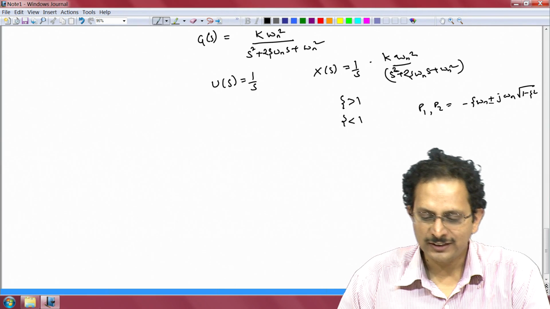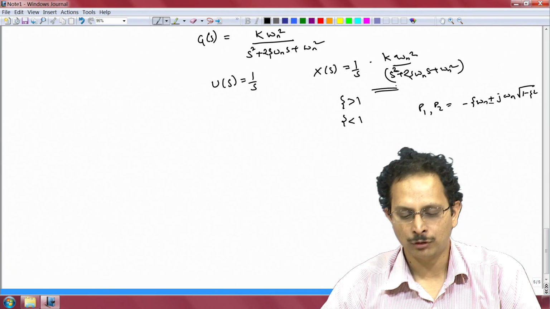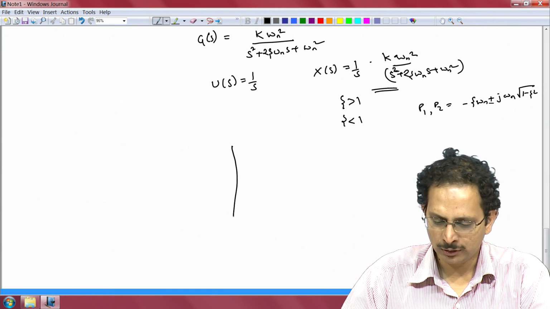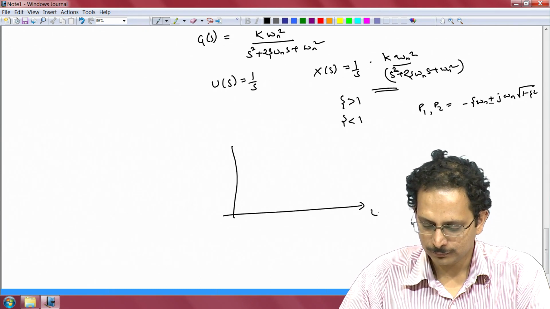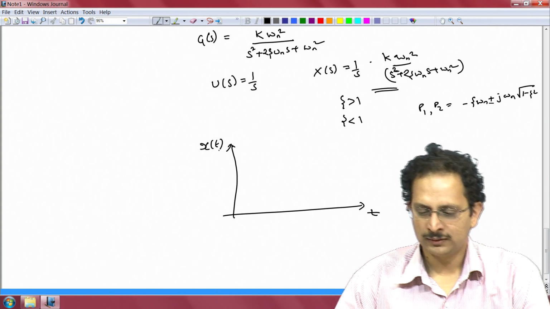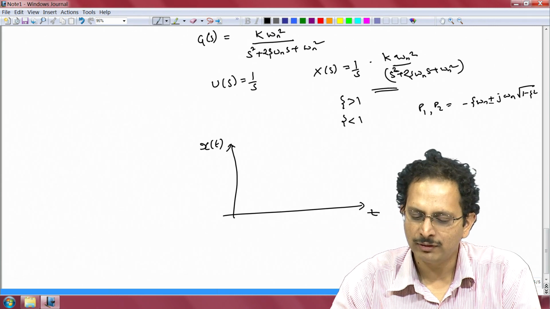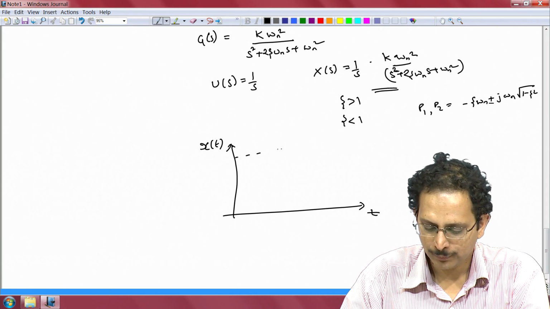So for this case, the step response, which we obtain by taking the inverse Laplace transform of x of s, would look something like this. The steady state value would be obtained by applying the final value theorem, and we find that it is equal to k.